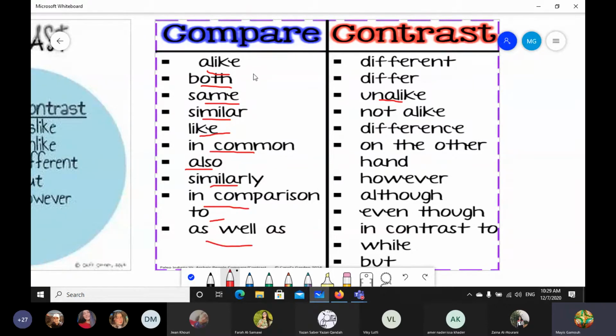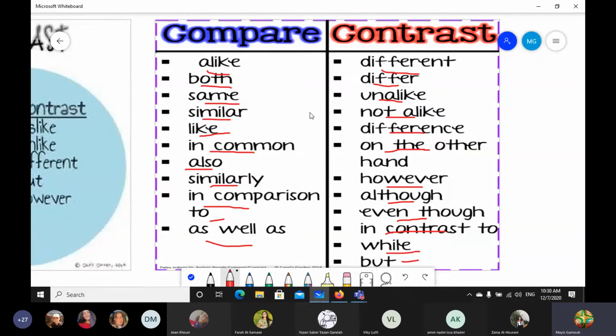And let's go and get introduced to a couple of the contrasting words: different, differ, unlike or not alike, difference. On the other hand, من ناحية أخرى, however, بالرغم من, although, even though, in contrast to, while, and but, لكن.